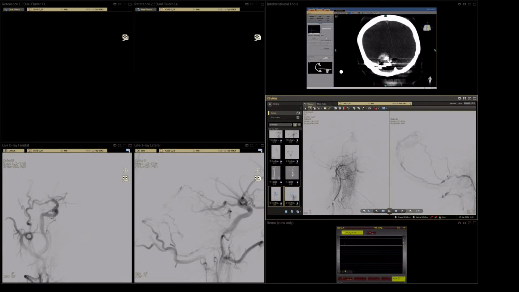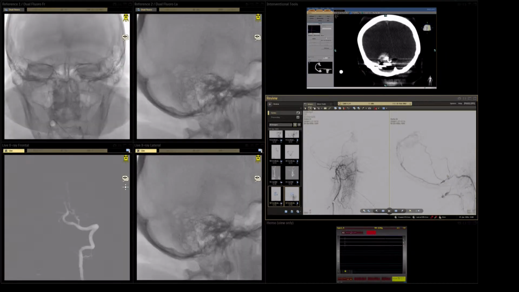Let's go through the vertebral and then if it's not, then we can go through the occipital artery. The ascending pharyngeal is not a bad candidate also, but let's see.